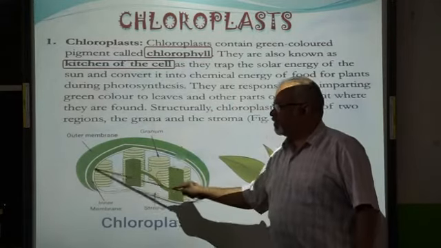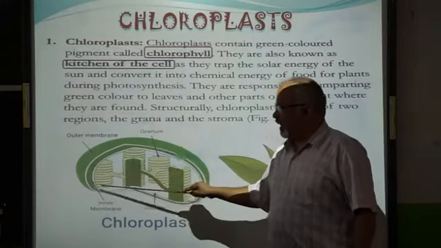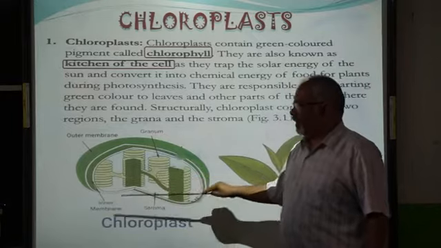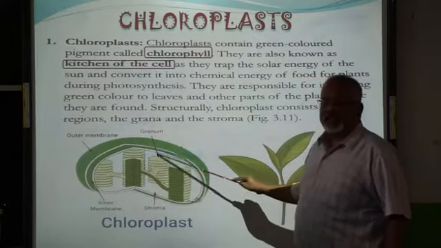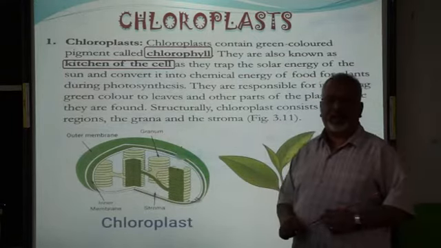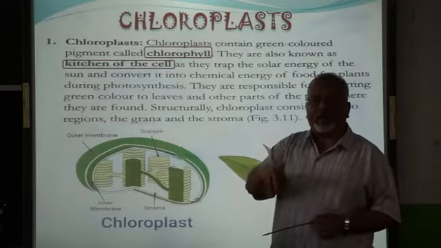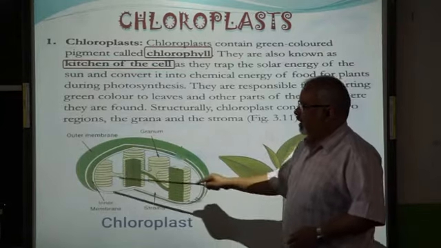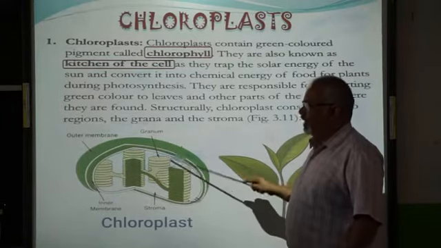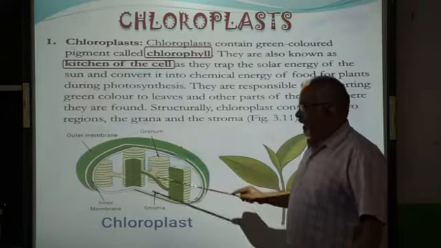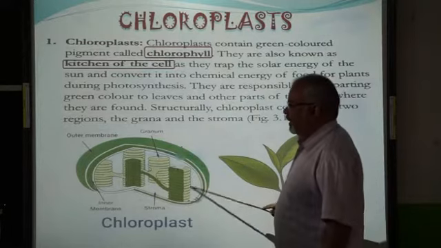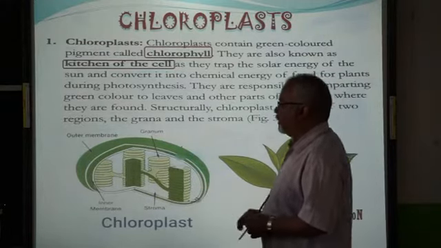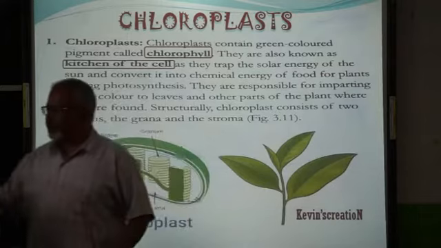This double membrane structure has an outer membrane and an inner membrane. Now here you can see the stacked structures, as if coins are piled and kept together. So this is called grana, and this we call stroma. So there are two regions, grana and stroma.